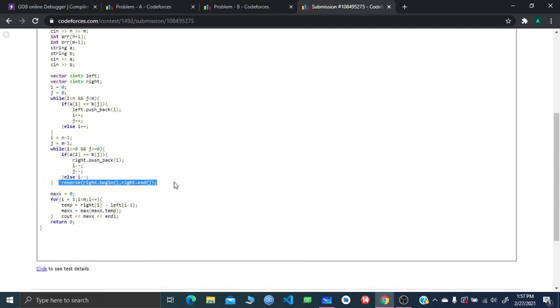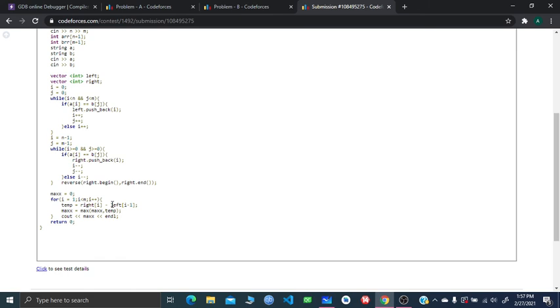One thing to notice is that I have to reverse the rightmost beautiful sequence to align it with the leftmost sequence.